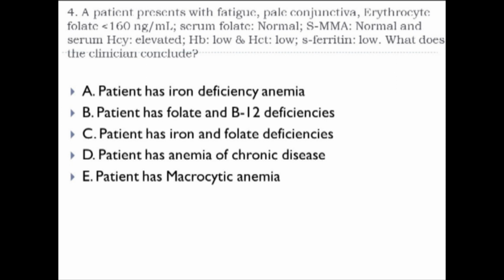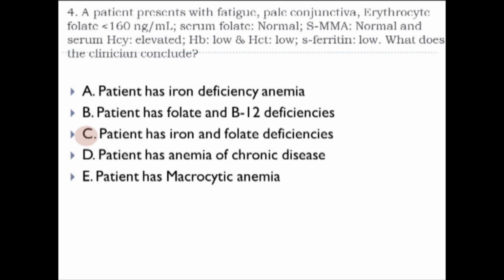So when we consider all these blood markers, we can only conclude that the patient has iron deficiency anemia and the patient has folate deficiency. We can't conclude whether or not it's macrocytic or microcytic because there's no MCV that was done. What's interesting to note here is that serum folate fluctuates with the recency of folate intake. We've discussed this earlier.